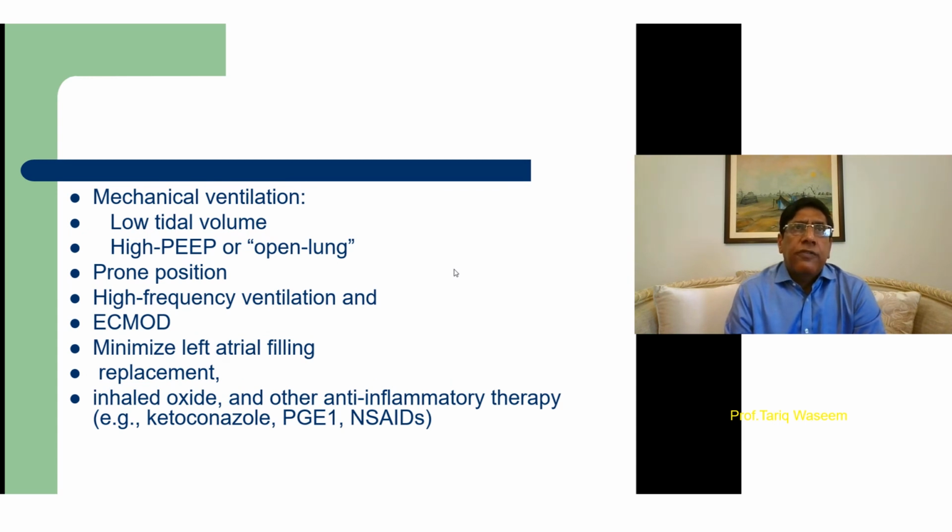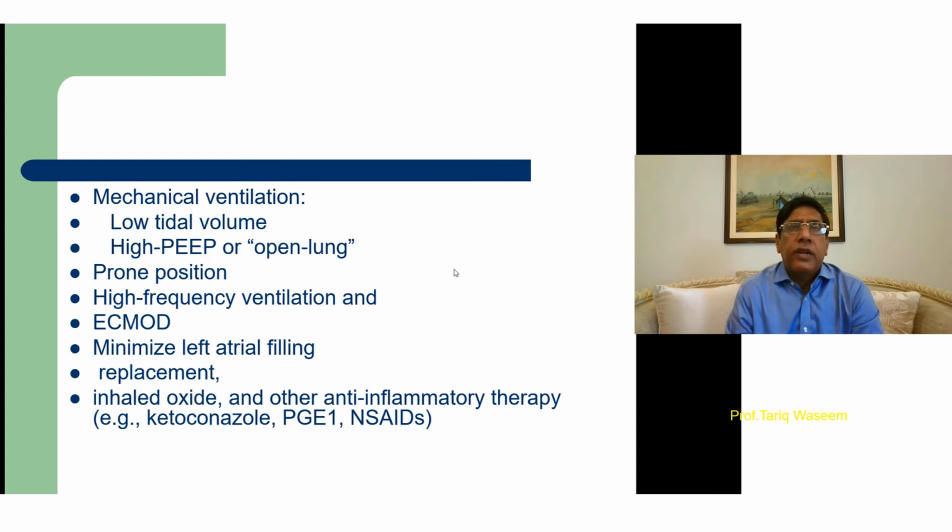The mainstay of their management, particularly of the respiratory component of their disease, is mechanical ventilation, where you keep a low tidal volume, because high tidal volume settings may lead to barotrauma. You have to give positive end expiratory pressure. There's a lot of talk that these patients end up lying flat or in a supine position.